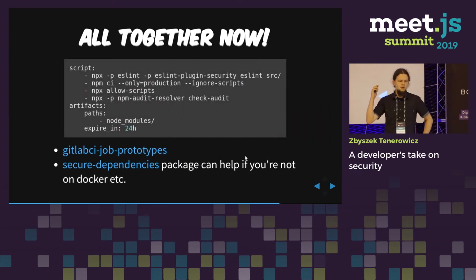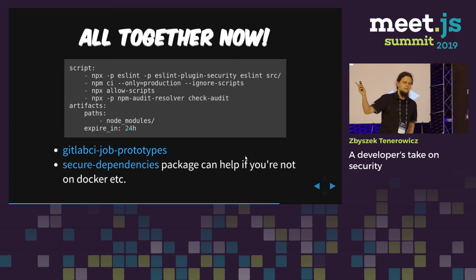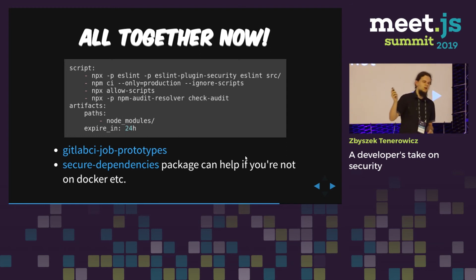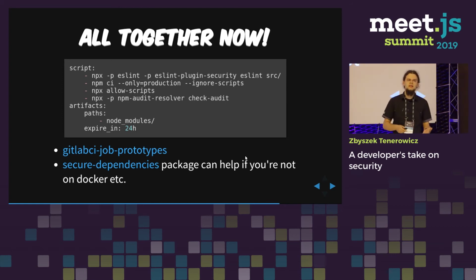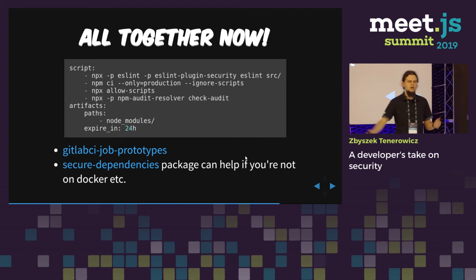So altogether now, there's a script you can run. This example is compatible with GitLab CI. You can run ESLint with the plugin. You can run npm ci with ignore-scripts and limit the dependencies you install to production dependencies. This is probably the safest option for what to ship to production.